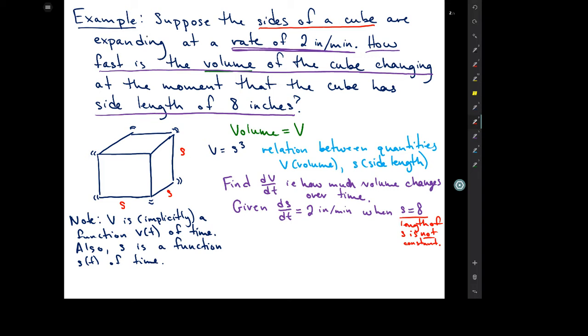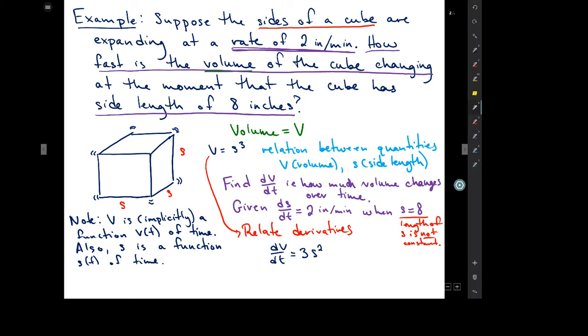So we have a relation between the quantities, and we can take that to relate their derivatives by taking the derivative. So when I take the derivative of both sides, I am taking the derivative with respect to t, and I get dV/dt is equal to 3s squared.